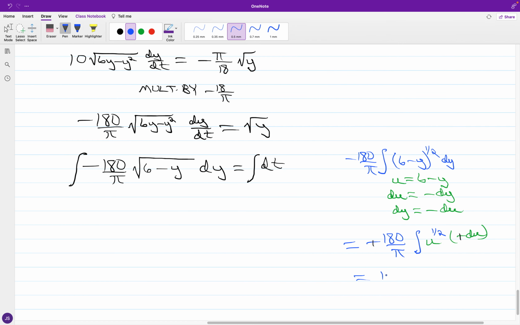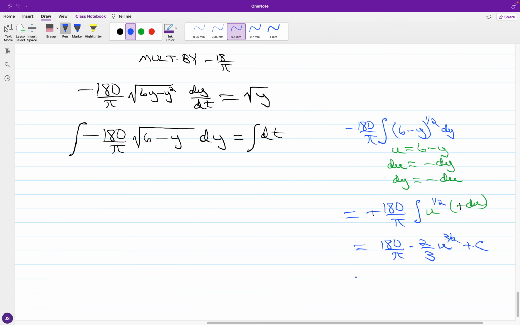And so we have 180 over pi times 2/3 of u to the 3/2 followed by the constant. And simplifying, we have 120 over pi, and back substituting for u to the 3/2, that's going to be the quantity of 6 minus y raised to the 3/2 followed by the constant.